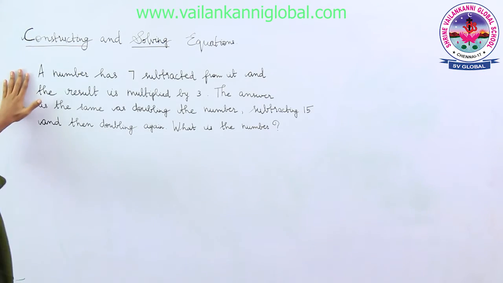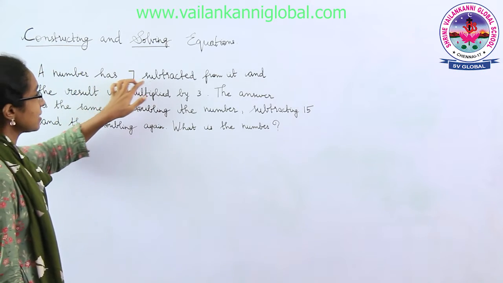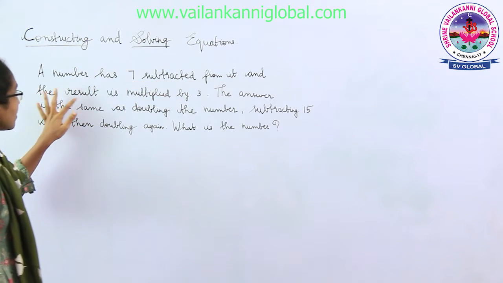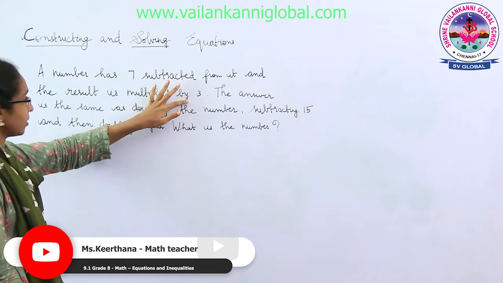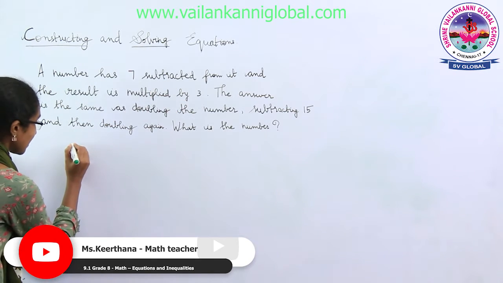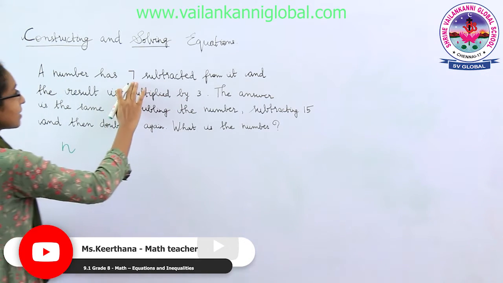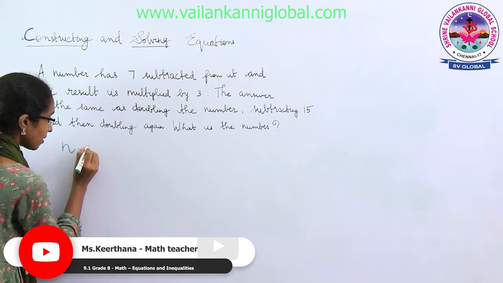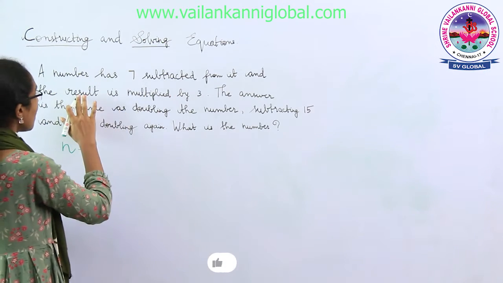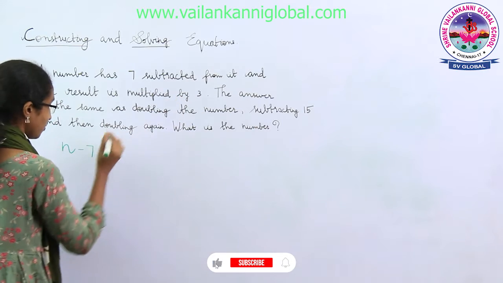So let us see this sum. A number has 7 subtracted from it and the result is multiplied by 3. So the number, we take it as n and subtract 7 from it. So n minus 7, and the result is multiplied by 3.